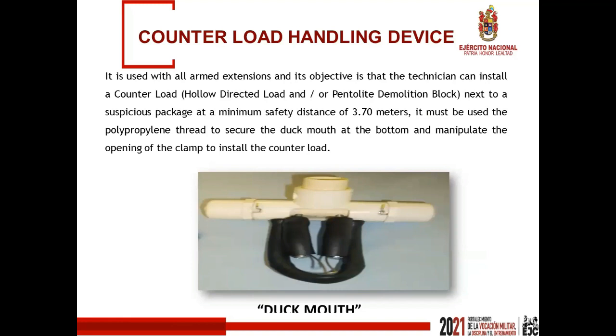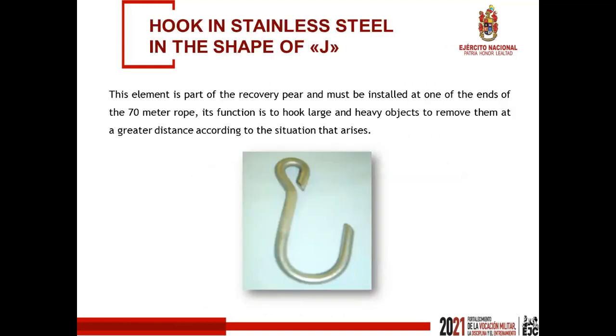The polypropylene thread must be used to secure the duct mouth at the bottom and manipulate the opening of the clamp to install the counterload. Its shape is similar to the duct mouth.